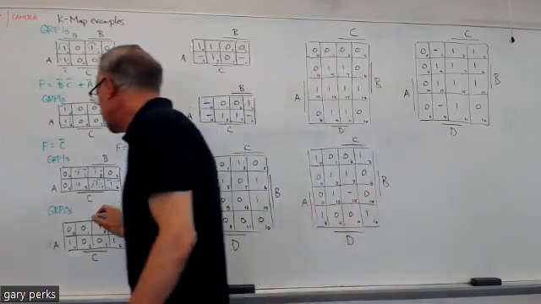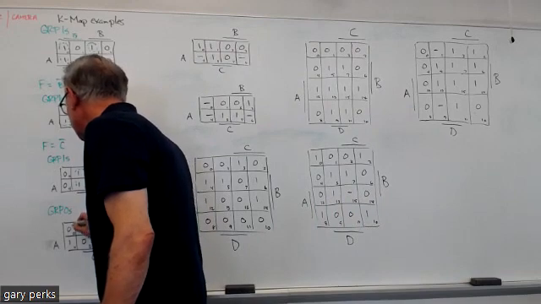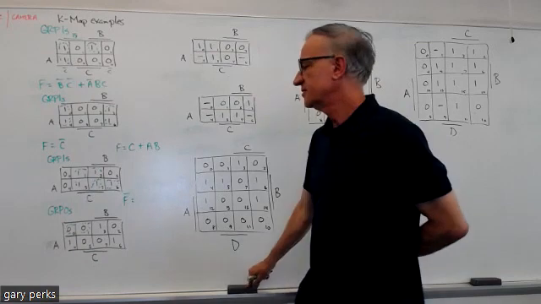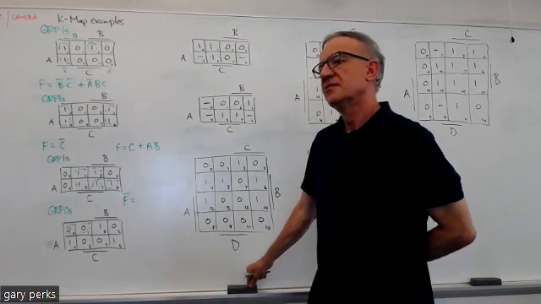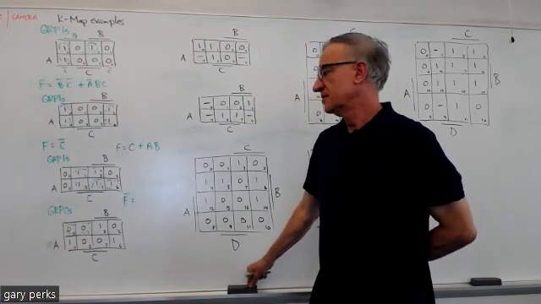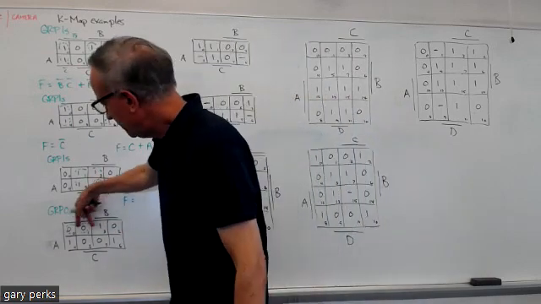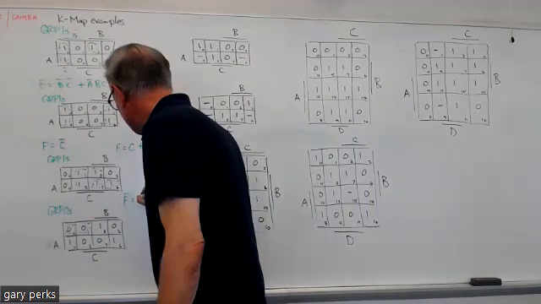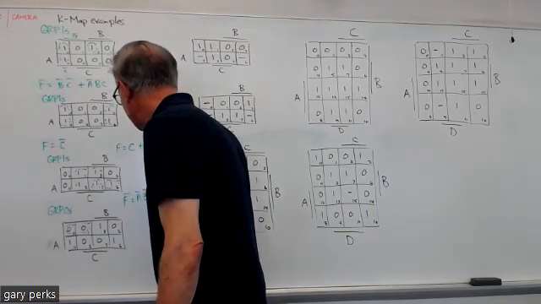Okay, yeah. That's all right. So you can do a grouping here. What term would that give us? Not A, not B. Yes, because they're both in the not A row and the not B column.